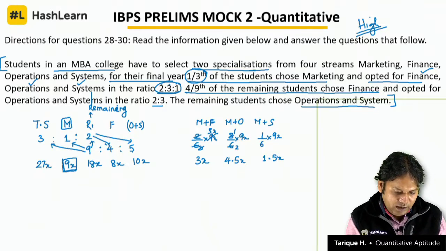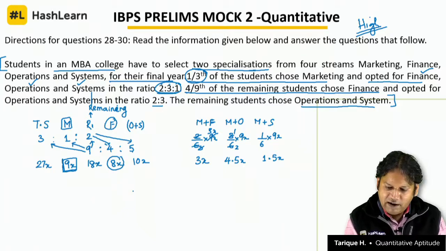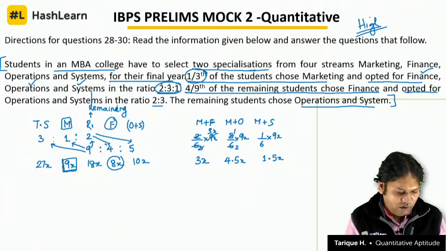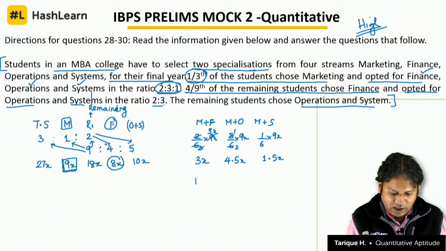Similarly, let's look at finance. Total is 8x. And we know that after choosing finance, they opted for operations and systems in what ratio? 2:3. So finance plus operations, finance plus systems, how will we calculate? 2/5 of 8x and 3/5 of 8x.